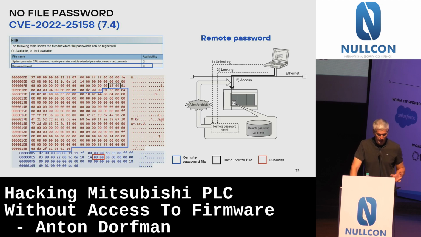So we can just write our own remote password, and somebody will not get access to the PLC. This remote password is a very simple idea. Before starting to work with the PLC, you just should unlock it, and after work, you should lock it again.